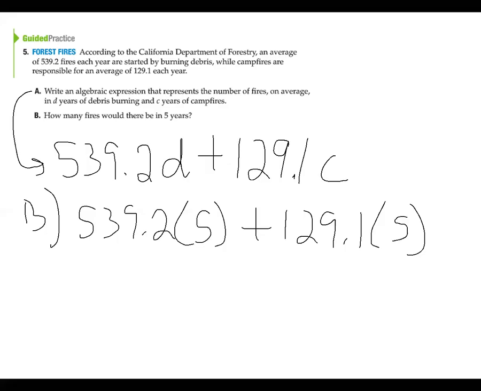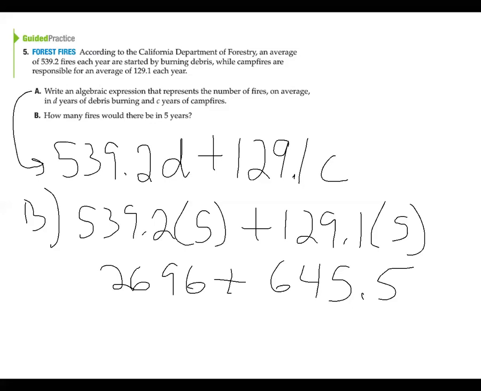So 539.2 times 5 gives you 2,696, and 129.1 times 5 gives you 645.5.